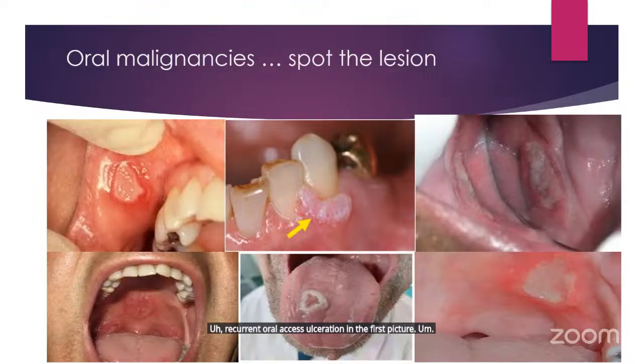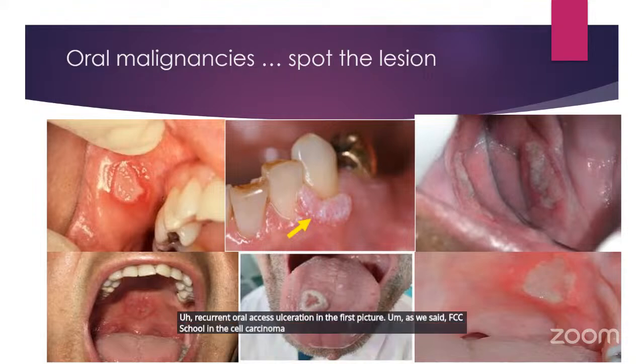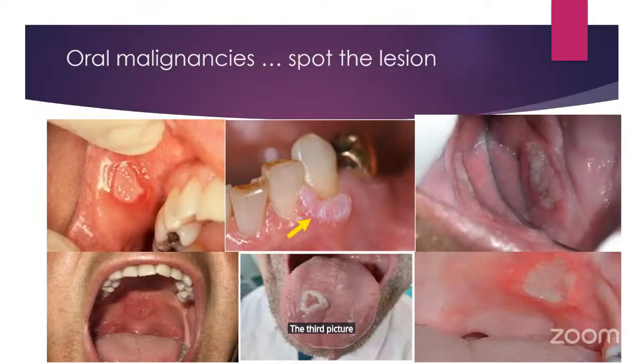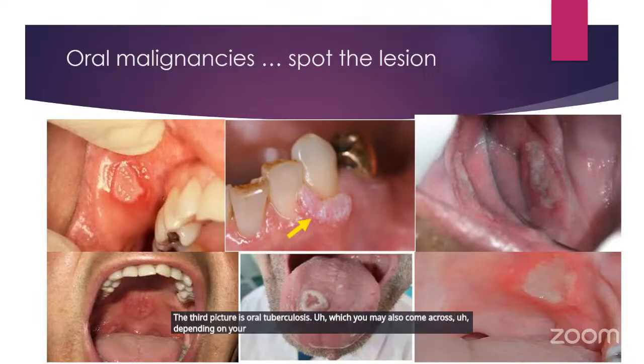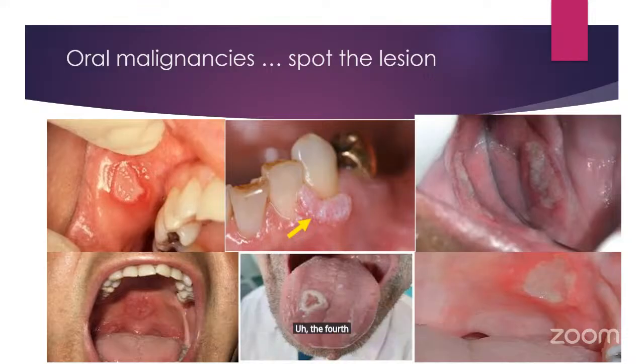As we said, SCC, squamous cell carcinoma, in the second picture. The third picture is oral tuberculosis, which you may also come across depending on your vaccination programs in Afghanistan. The fourth picture is actually oral syphilis as the primary infection.